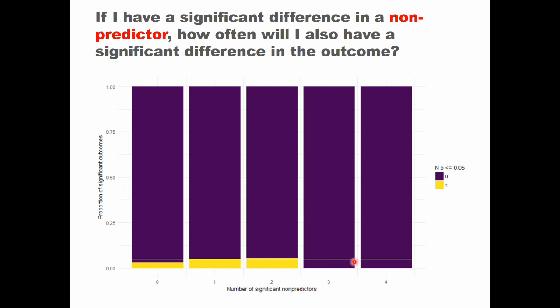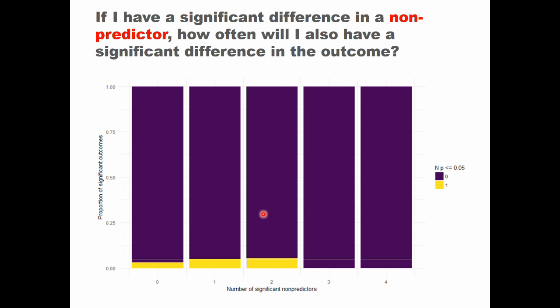But the take-home message here is that the number of significant non-predictors has no relationship whatsoever to a quote-unquote baseline imbalance in the outcome. In other words, if I've done a clinical trial, and I know that a clinical trial, if randomization has been done, is unbiased, which means if I were to run this hypothetical infinite number of trials, my estimate of the average treatment effect would eventually center on the true average treatment effect.